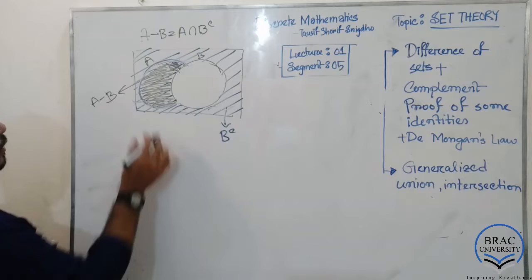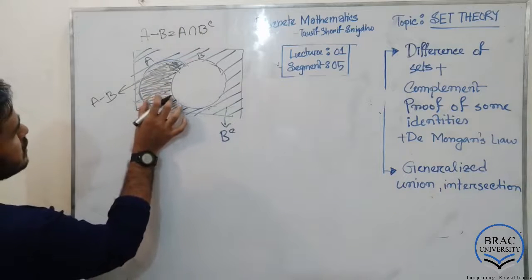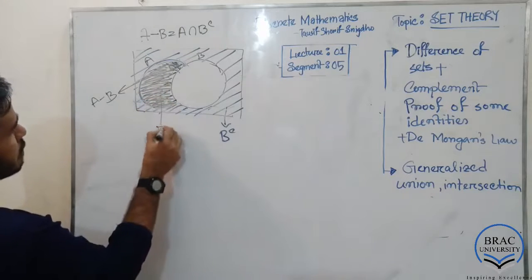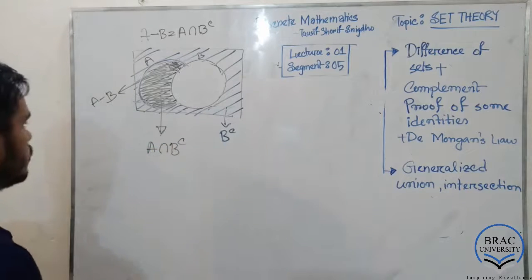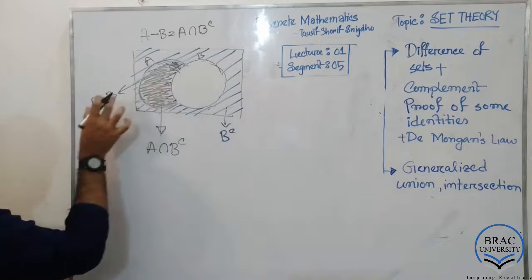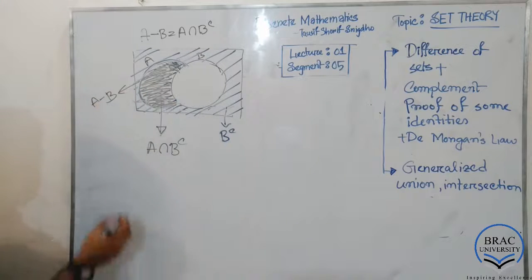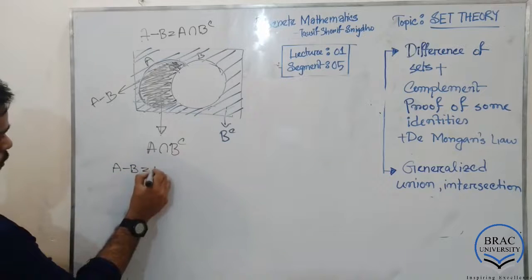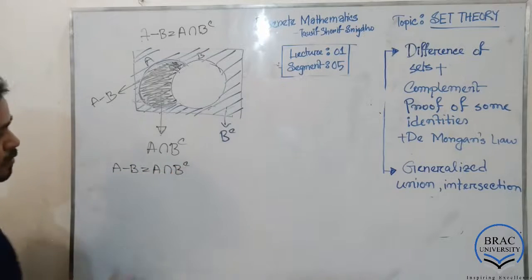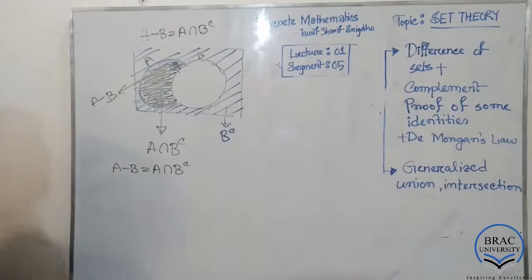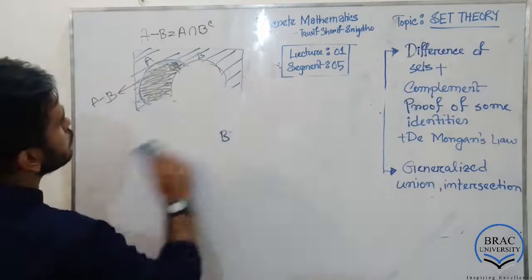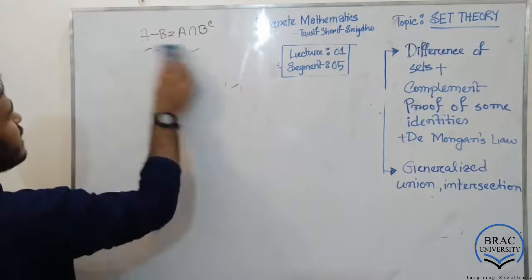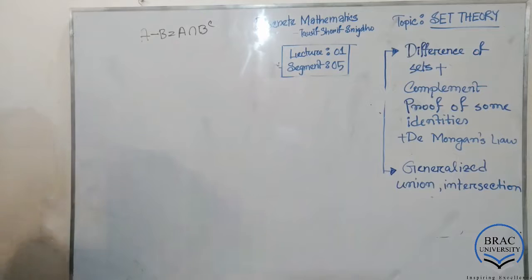So since this region represents both A minus B and A intersection B prime, we claim that A minus B equals A intersection B prime. So this is one type of method that we use to prove a statement or an identity in set theory.